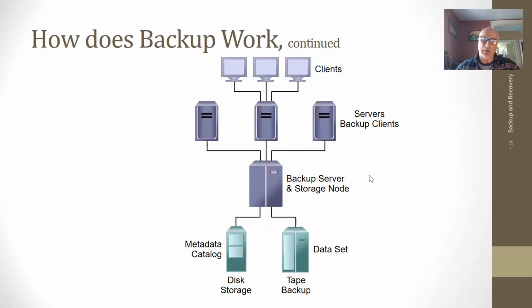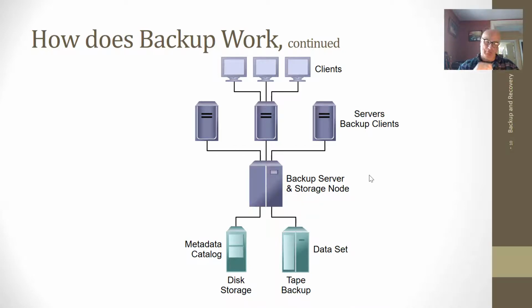So backups are complicated. The architecture that most big scale backups have is you've got clients out there, and then you've got servers, and the servers are backup clients. Then what we really want to do is back up those servers, create copies of those servers onto a backup server that also has a storage node.